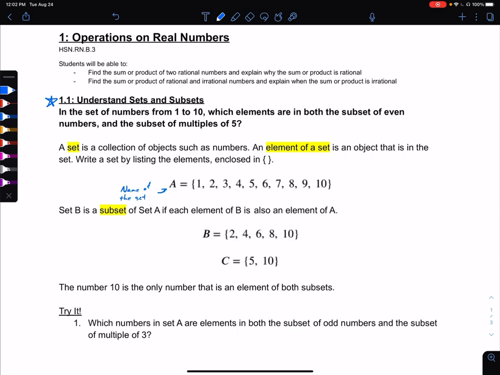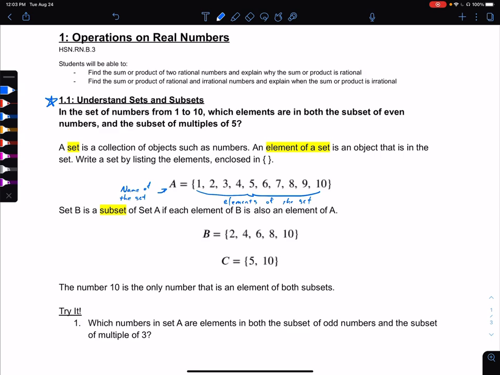They didn't mention it, but we would call this set A. And each of these pieces here are the elements of the set. In this case, the elements of set A are the numbers 1 through 10.